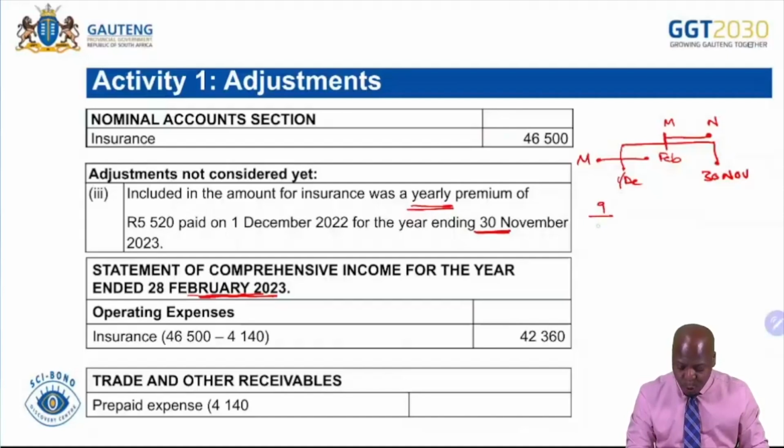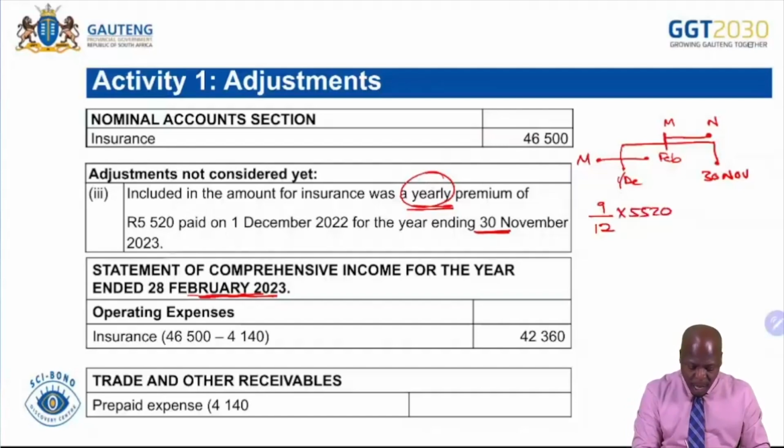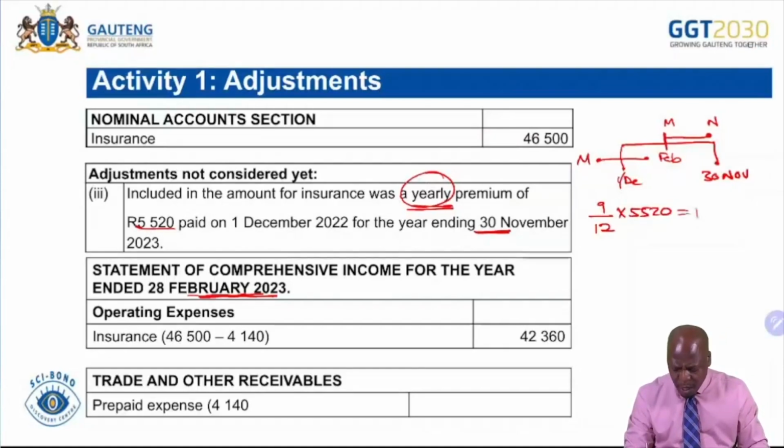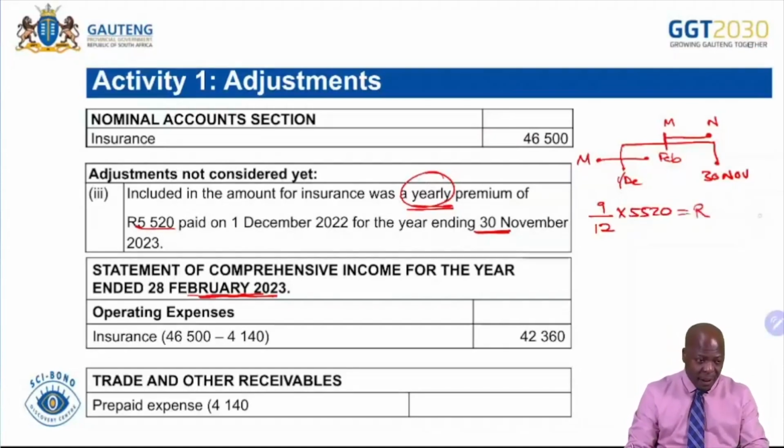So it's 9 over the 12. Why 12? Because here they told us yearly, annual, yearly or annual. So it becomes 9 over 12. Then we say multiply that by the 5,520, which is the amount that was paid. We want to know how much then was paid in advance.